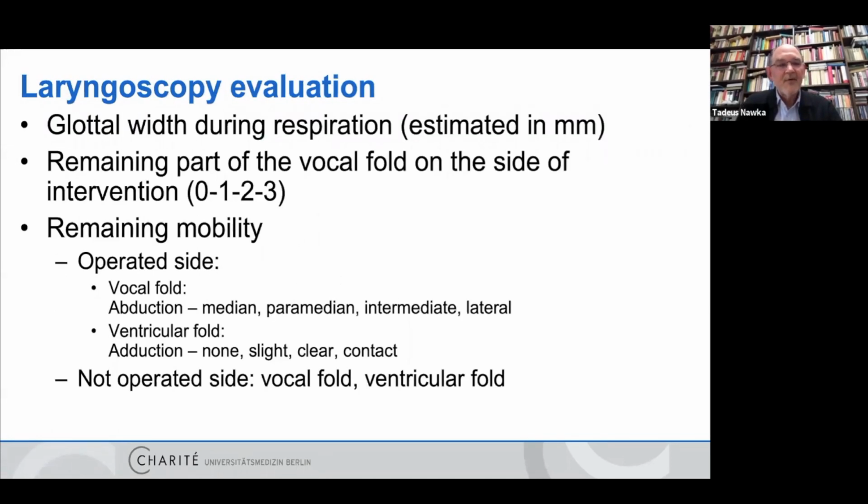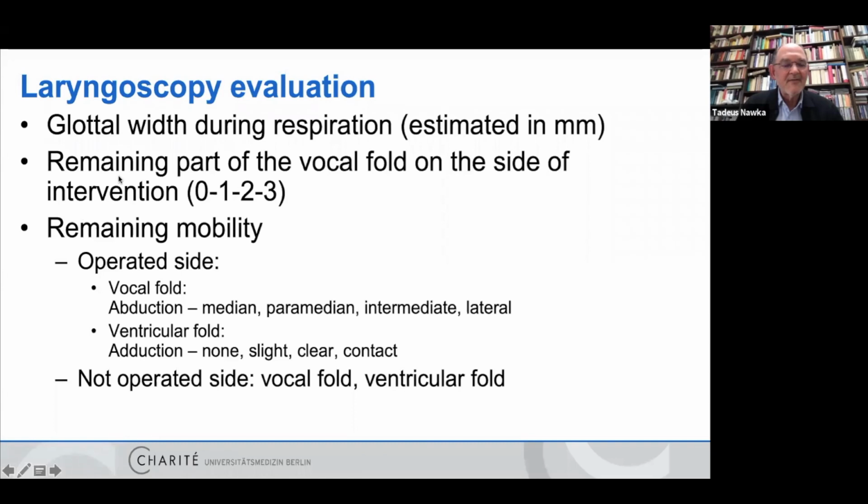So when we evaluate the larynx, then there is no common evaluation form yet. But what we think is important is the glottal width during respiration. Of course, we want to open the glottis when there's a bilateral vocal fold paralysis. We want to open it, and we want to keep it open during respiration so that the patient gets better.